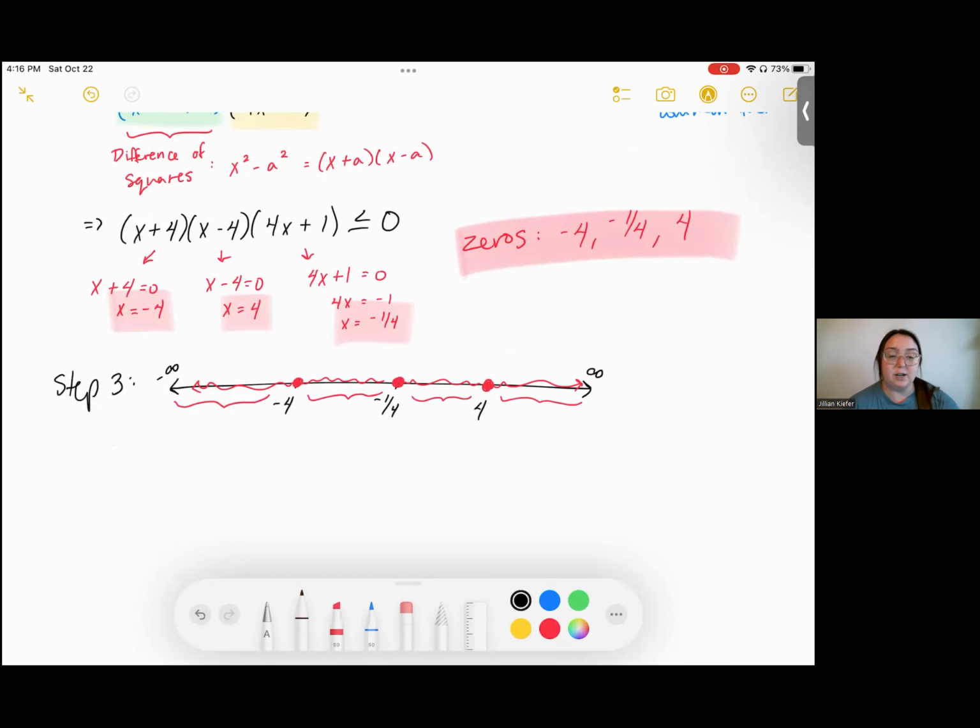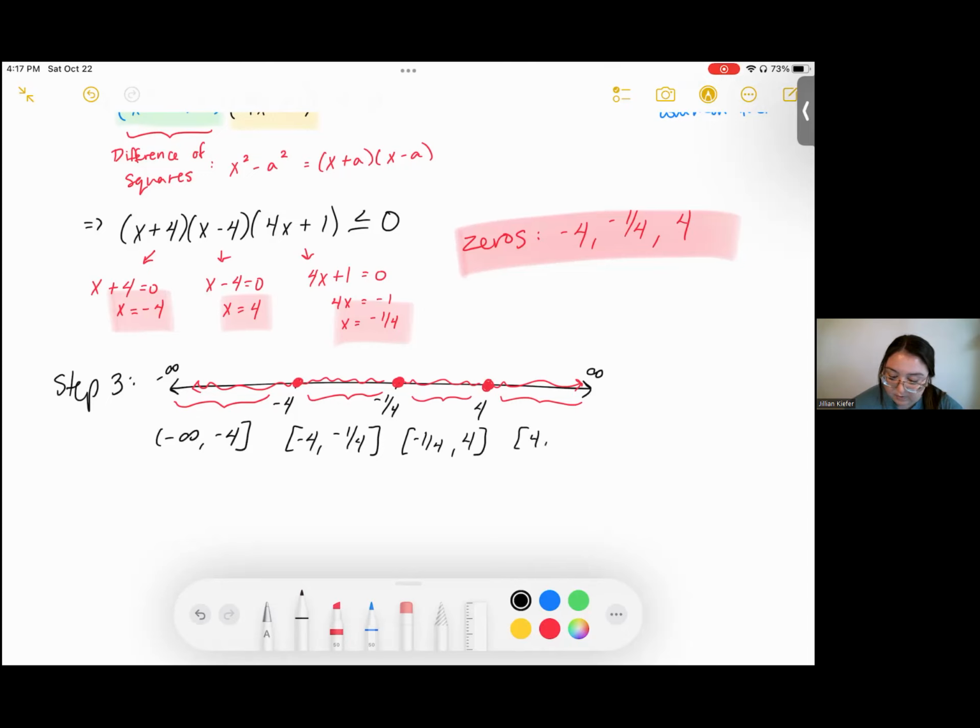All right, that first interval, we're going to go from negative infinity to negative 4. And we said that negative 4 got included, so it gets a bracket. Then we've got negative 4 with a bracket to negative 1 over 4 with a bracket. Then we've got negative 1 over 4 to 4 with a bracket.